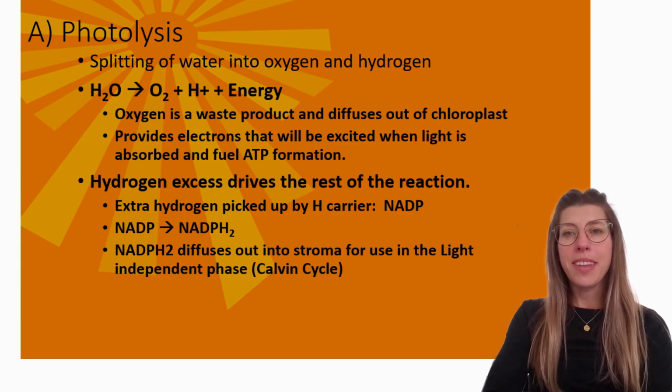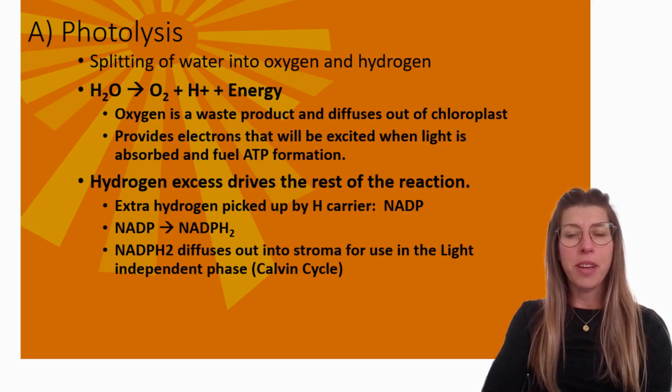So although it's considered a waste in the actual equation, it really isn't. It's very beneficial. Photolysis also provides electrons that will be excited when light is absorbed, and it fuels ATP formation, which we'll be talking about in photosystems 2 and 1.